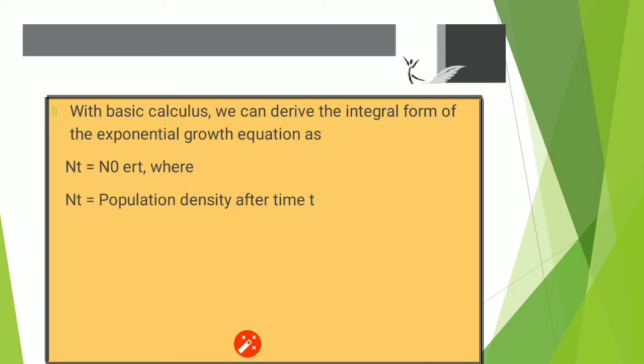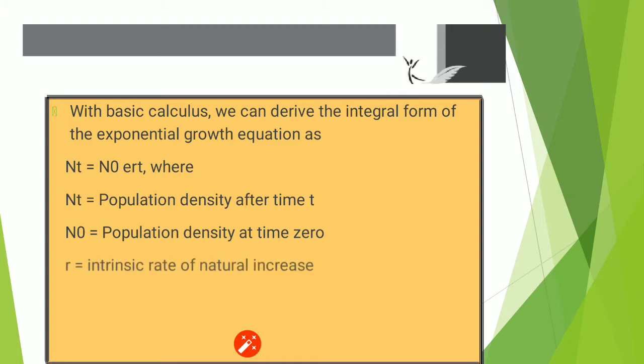With basic calculus, we can derive the integral form of the exponential growth equation as N t equals N 0 e to the power r t, where N t is the population density after time t and N 0 is the population density at time 0 or the initial time period. r equals the intrinsic rate of natural increase. e is the base of natural log.